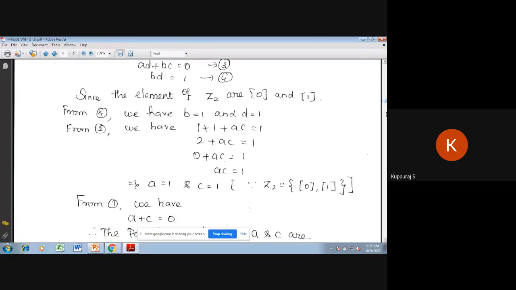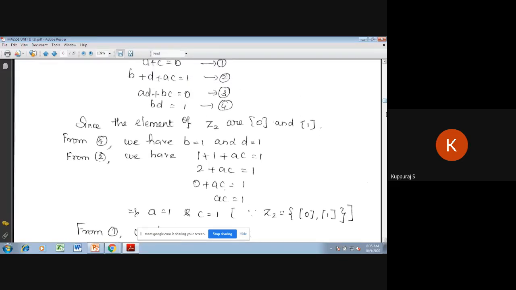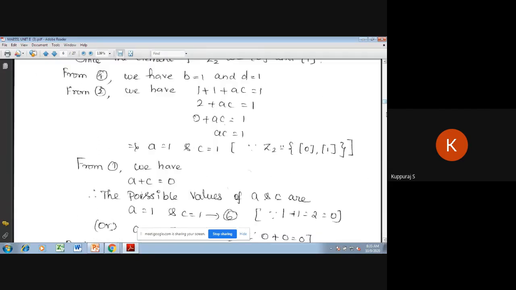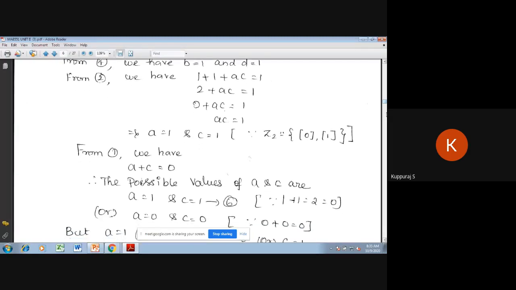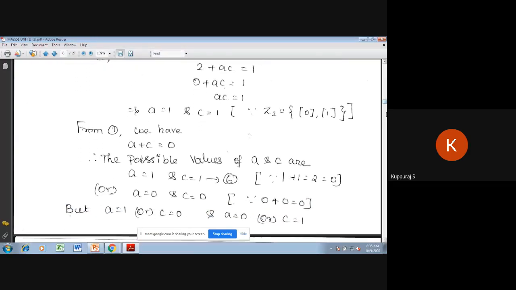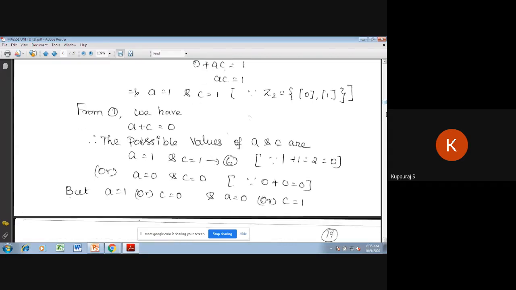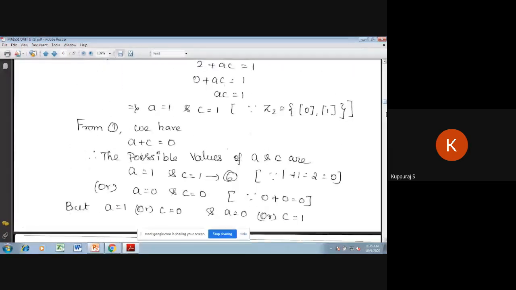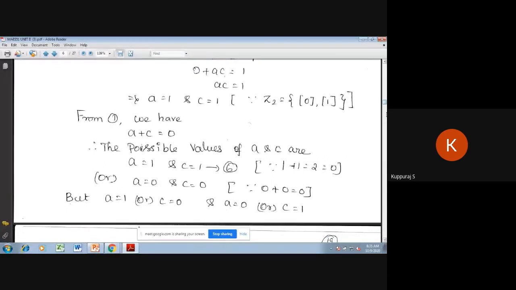After identifying the values of a and c, substitute in equation 1. Equation 1 is a plus c is equal to 0. But we have the values of a and c as 1. So 1 plus 1 equal to 2 is congruent to 0. Another possibility for a plus c equal to 0 is a equal to 0 and c equal to 0. But here a has two values, 1 and 0.